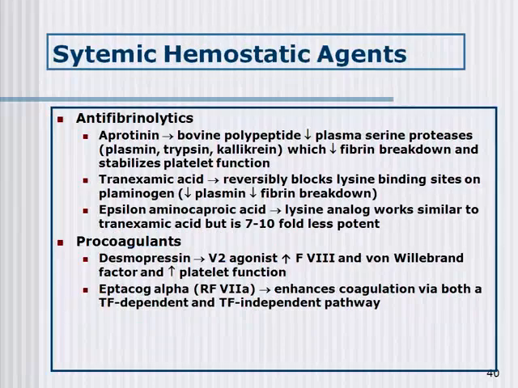There are a few agents that have been used to promote clotting. Other than drugs that have been used to reverse the anticoagulant effect of other agents, and other than the blood component products that we talked about, there are some systemic hemostatic agents that have been predominantly developed for other reasons, but we also have figured out that these drugs promote, if you will, clotting, and they can prevent bleeding, particularly in the surgical setting.